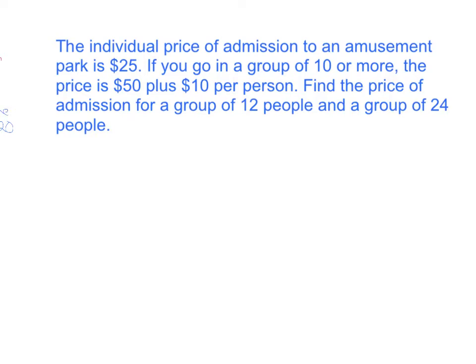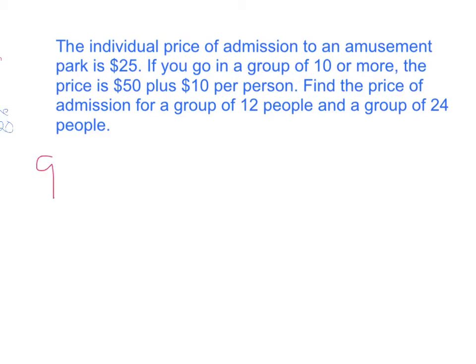So the first thing we have to do is find out what the expression would be for a group of 9 or less people, because we know if it's 10 or more, it's a different expression. So as we look here, we see the individual price of admission is $25. So each person that comes is going to pay $25.